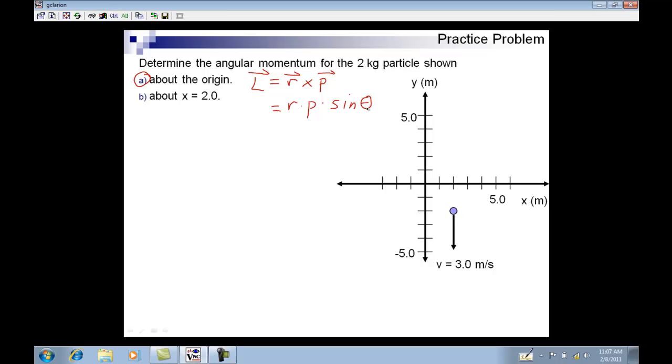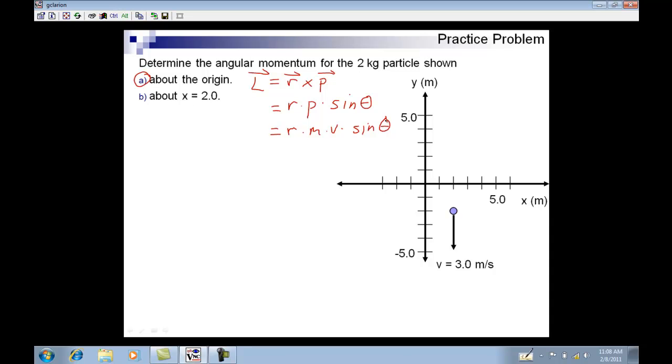So it would be R, and the momentum is just the mass times the velocity, times the sine of the angle.